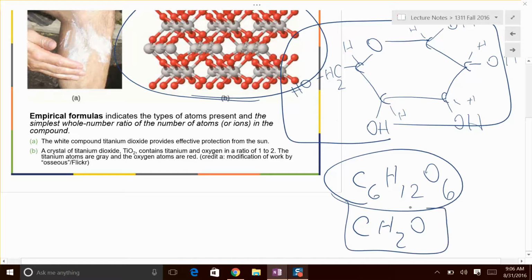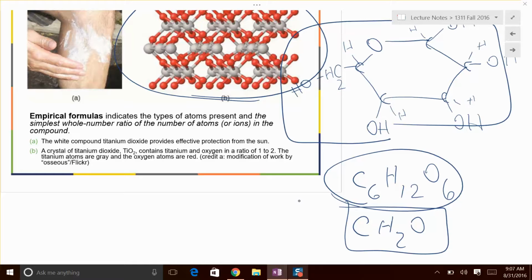Now, one interesting thing about this: that's a glucose molecule, and its empirical formula is CH2O. It's called a carbohydrate, a carbon water, because its empirical formula is CH2O.